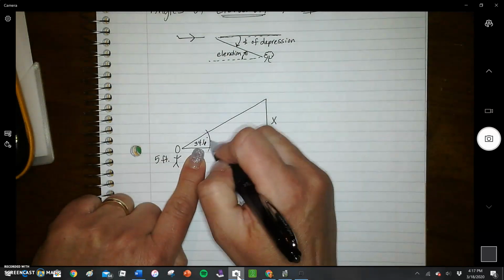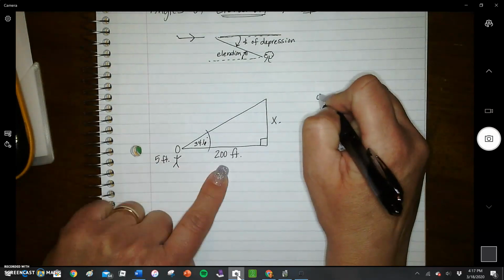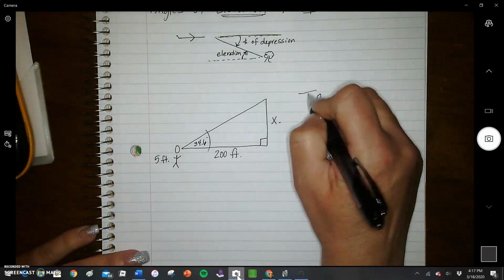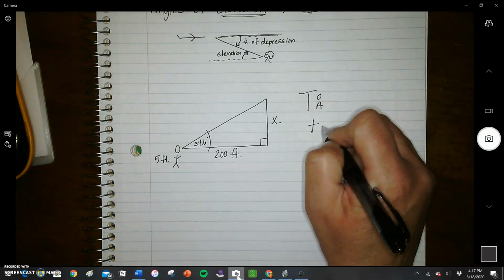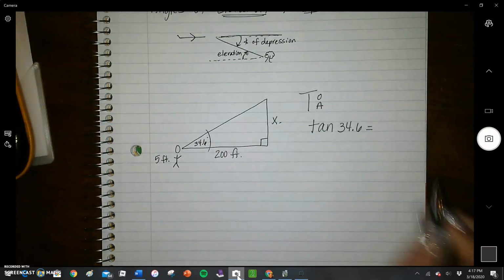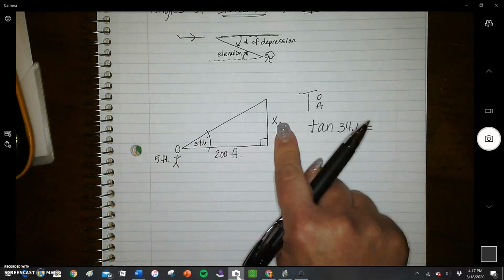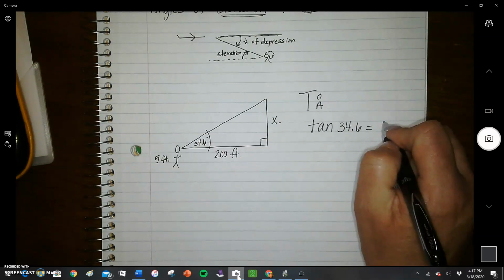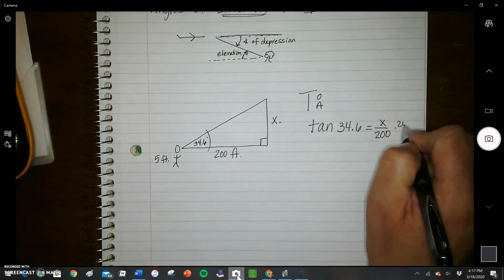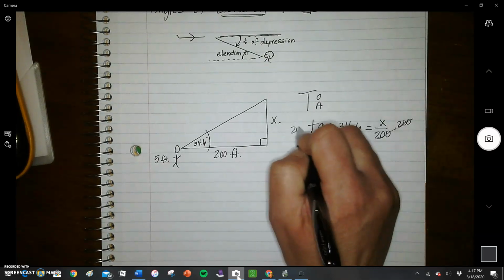All right, so from this information, I have an opposite and I have an adjacent. And so SOHCAHTOA, that's going to be a tangent. So I'm going to do the tangent of 34.6. We're going to set up this proportion. It's going to be opposite over adjacent, so x over 200. I'm going to do a little bit of algebra to get x by itself.